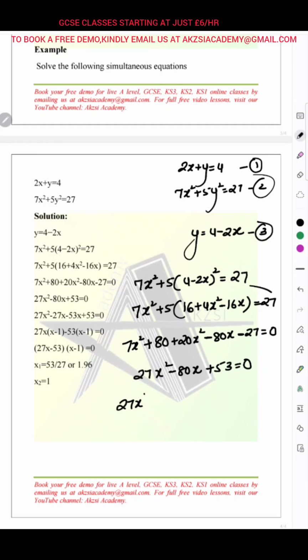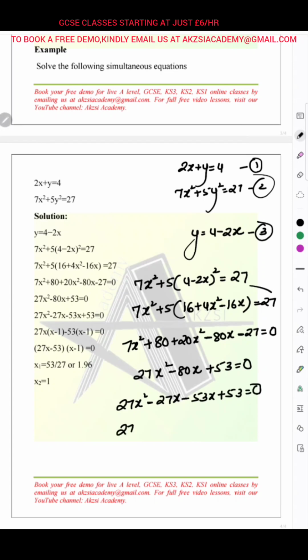So 27x squared minus 27x minus 53x plus 53 equals 0. You can use the quadratic formula as well, or if you are comfortable with completing the square, you can do that as well.